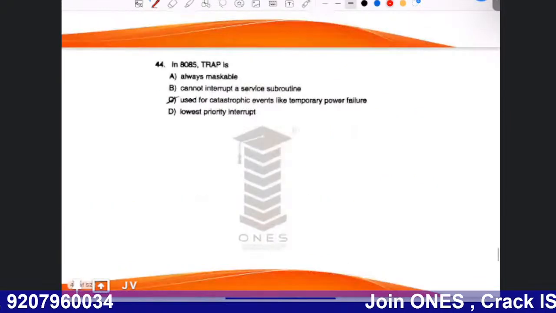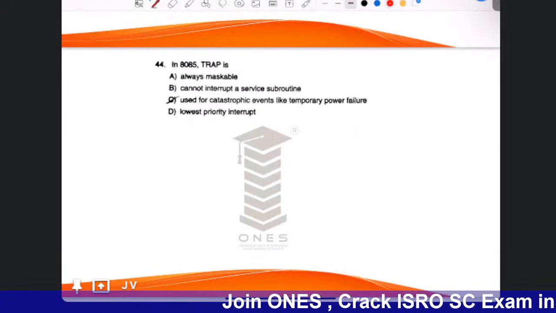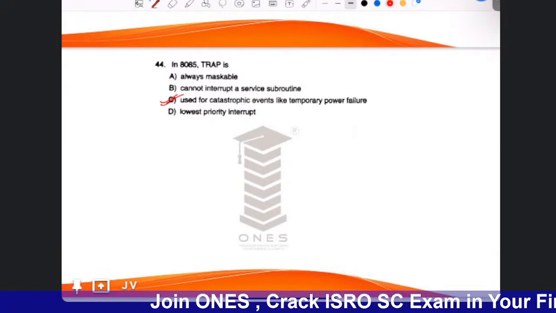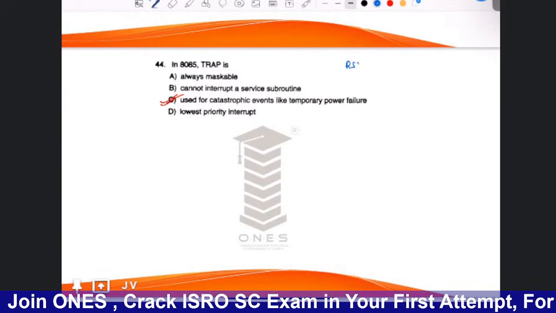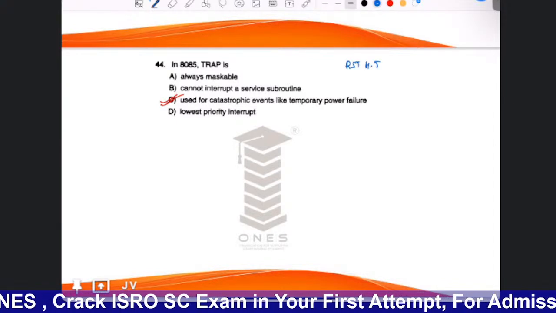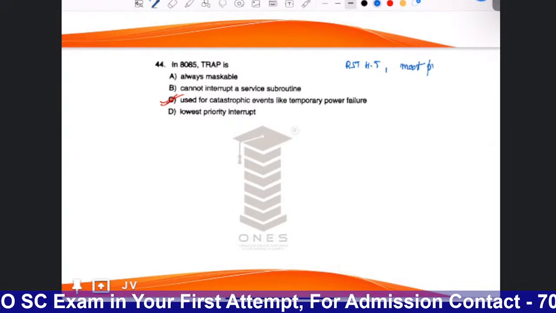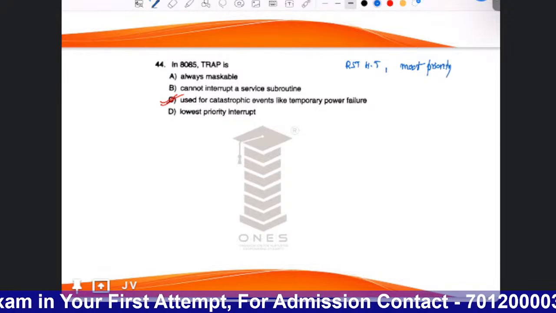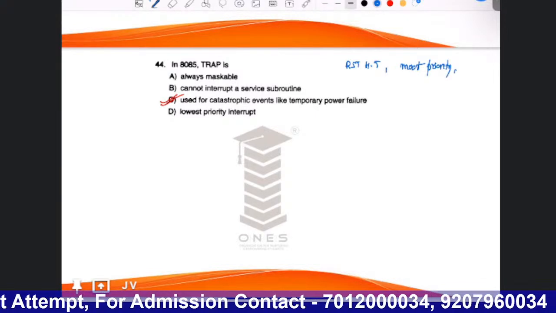Question number 44. In 8085, trap is used for catastrophic events like temporary power failure. Trap's other name is RST 4.5. Trap has the highest priority. Trap is the highest priority interrupt. Can trap be masked?